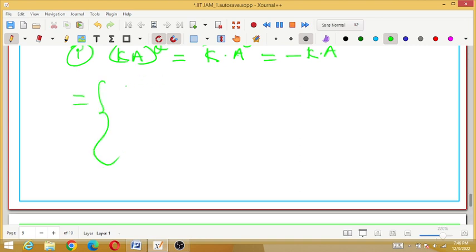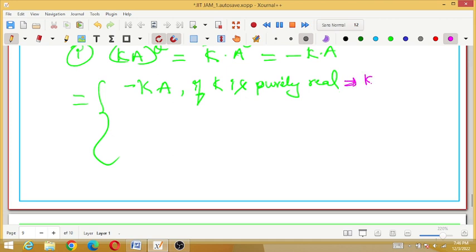This value becomes minus KA, means if K is purely real, then in this case KA is SHM.